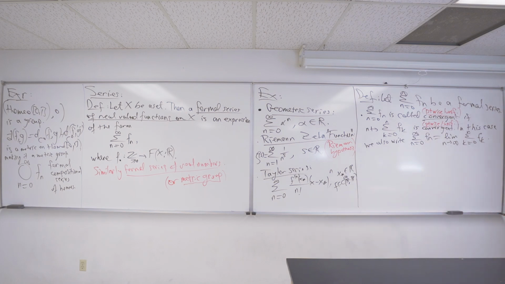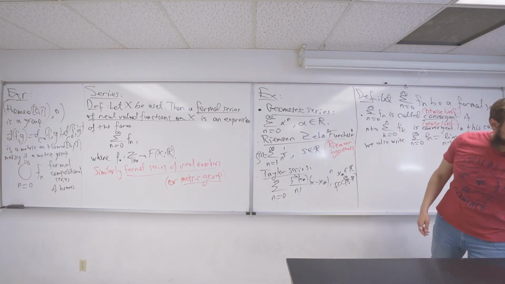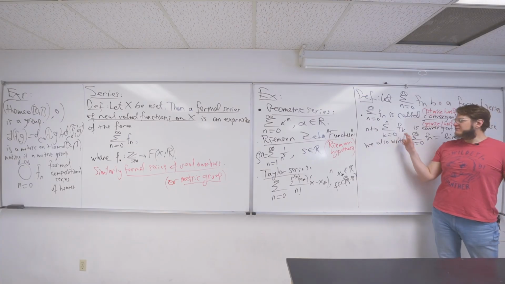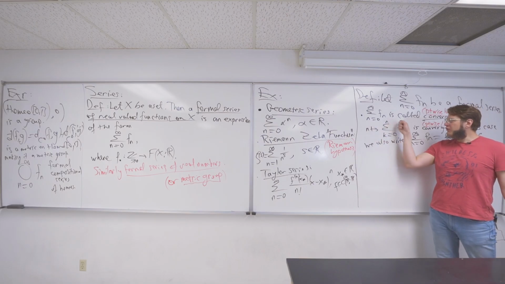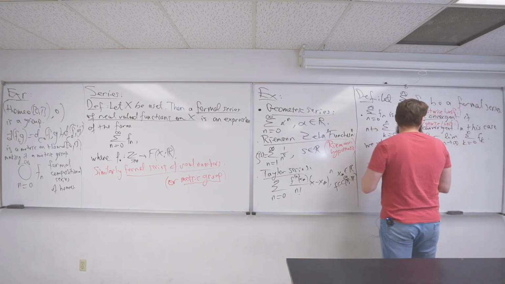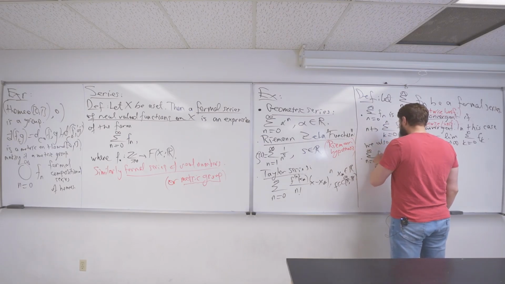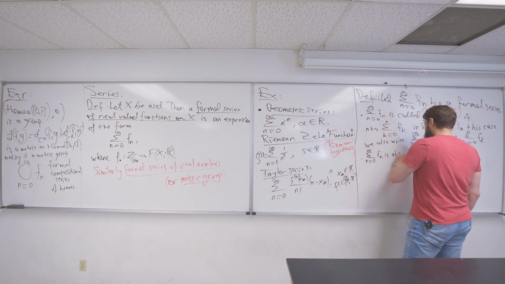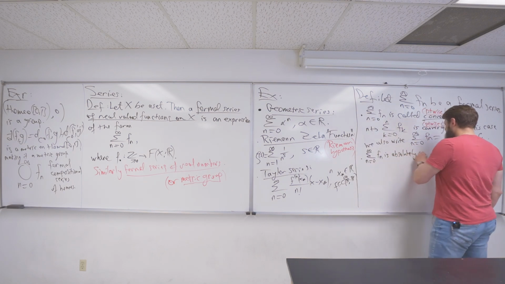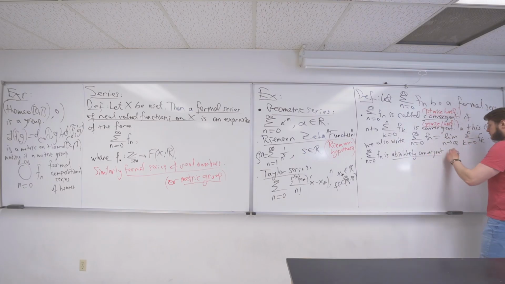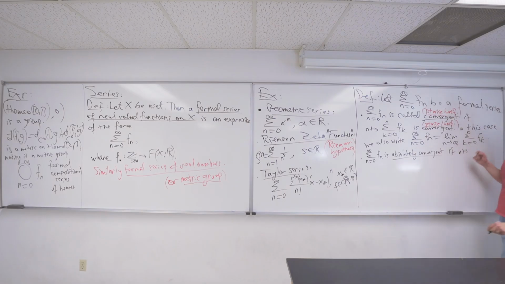Now I'm going to define something else. I'm going to call this infinite formal sum absolutely convergent if, not this only, but in fact, the sum of absolute values converges.